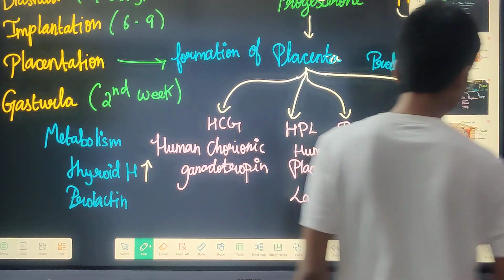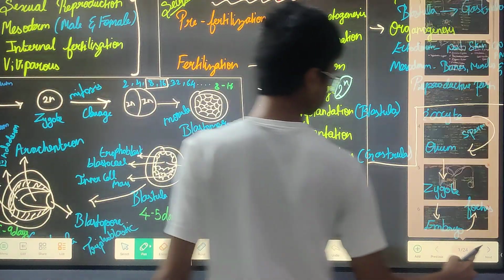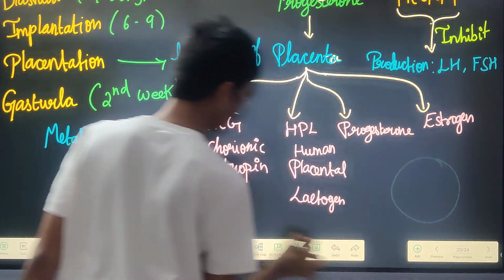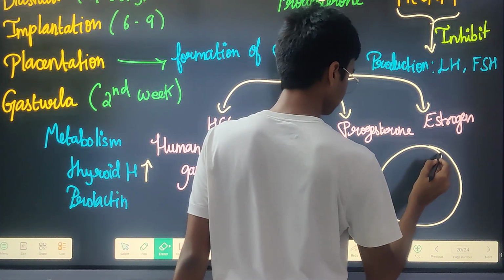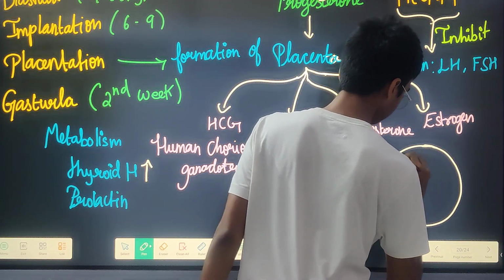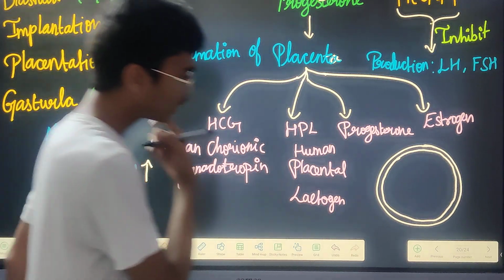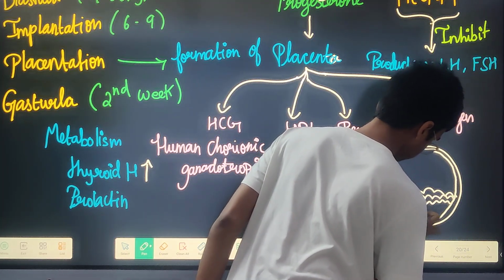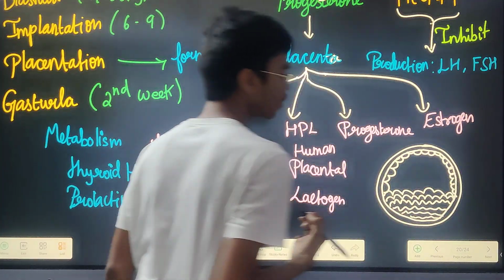You can see that I said inner mass cells, right? I even explained inner mass cells first. Here there will be inner mass cells, and here there will be trophoblastic cells.